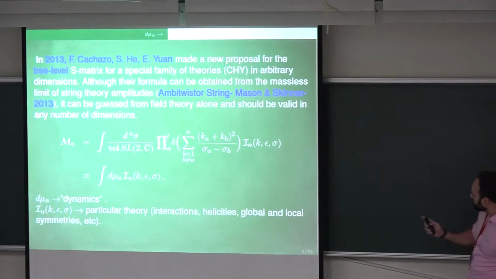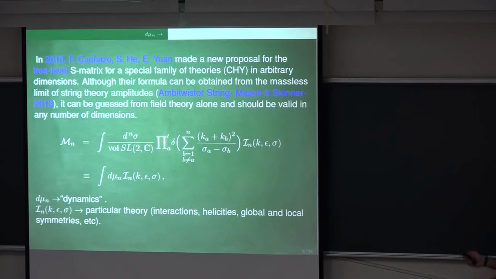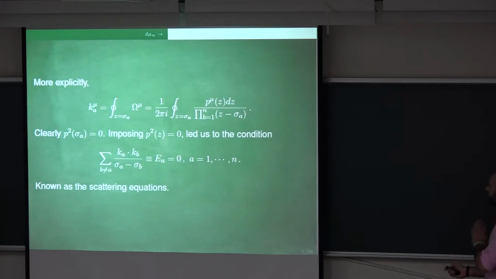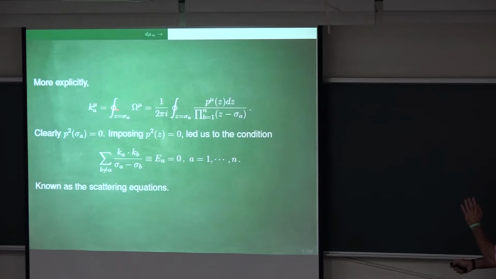One way to do that, this was made by Cachazo and Yuan. Let me go back in just a second. One way to do that is to define the momentum of external particles as the residues of some analytic function on the sphere. As you see, the residues of this integration here are nothing but the momenta of the external particles.